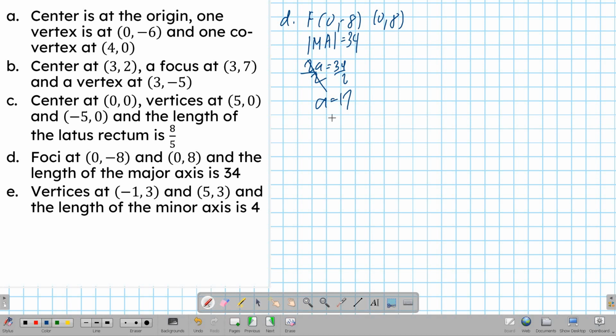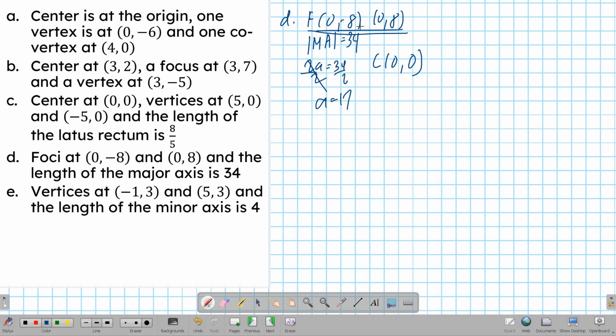The thing is, we don't have the center here, but we do have the two foci. And remember, the midpoint of the vertices, co-vertices, and the foci should be the same, which is the center. So if we get the midpoint of our two foci, that's 0 plus 0 divided by 2, 0. Negative 8 plus 8 divided by 2, 0. So the center is at 0, 0. Therefore, it will be a lot easier for us.